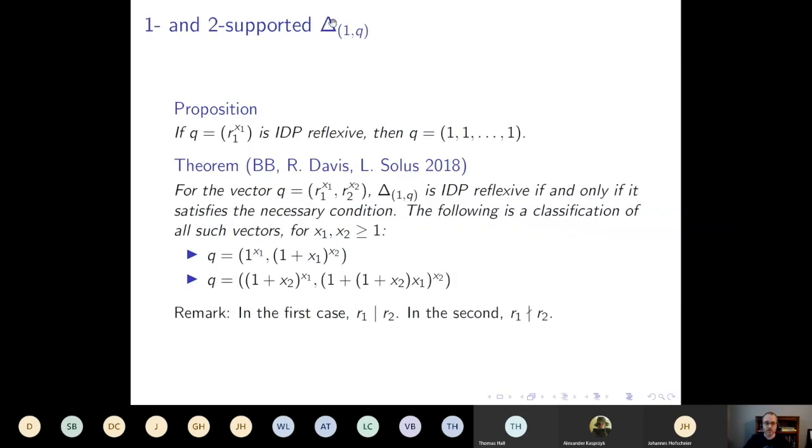So for 1 and 2 supported delta 1 Qs, this proposition is straightforward. If you have a weighted projective space with a single distinct weight with multiplicity, if it's IDP reflexive, it has to be the all ones vector. So it's just projective space. Rob and Liam and I had previously proved that for a vector that has 2 distinct weights with multiplicities, then delta 1Q is IDP reflexive if and only if it satisfies the necessary condition.